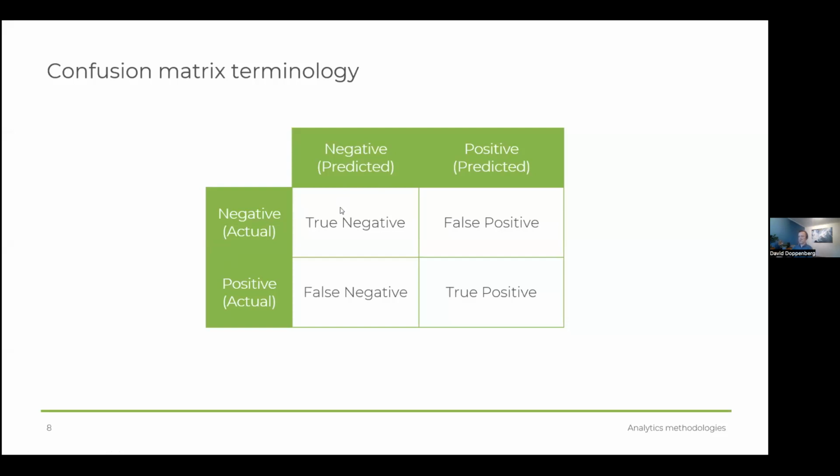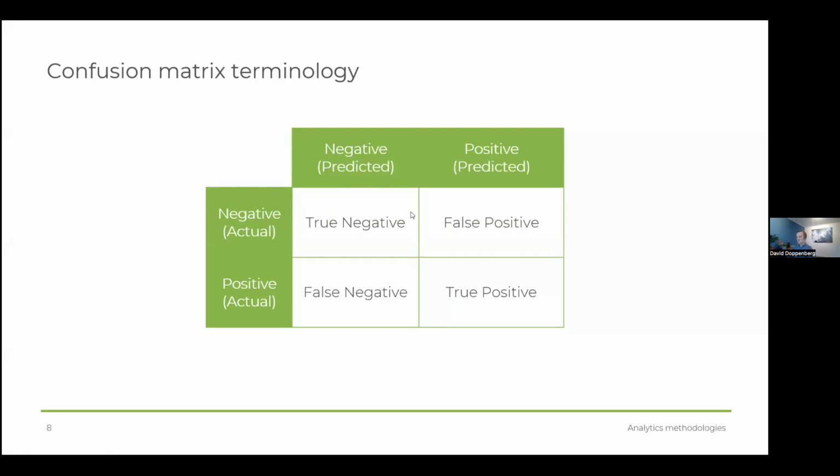So suppose the model said it is negative, and the actual data also shows it's negative. We're talking about a true negative, meaning it is truly a negative label. And in this case, that would be that you classified correctly an email as non-spam because it was actually non-spam.